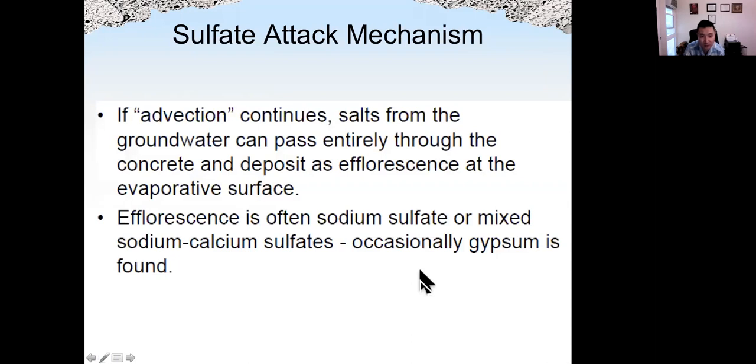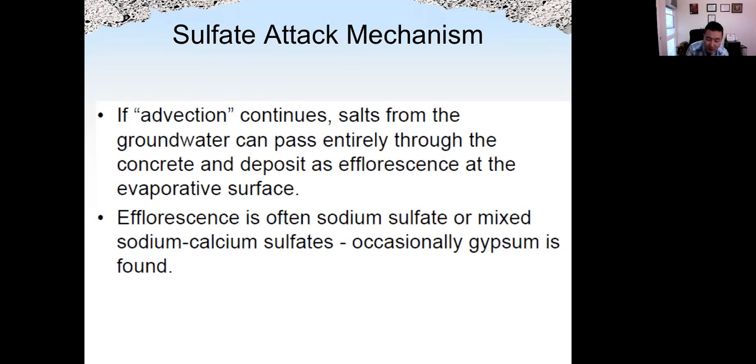And the so-called adduction, which is the suction of underground sulfate solution. The salt from groundwater can pass entirely through the concrete and deposit on top of the concrete as efflorescence. In a moment, I'm going to show you a picture of that.